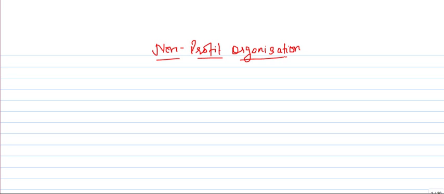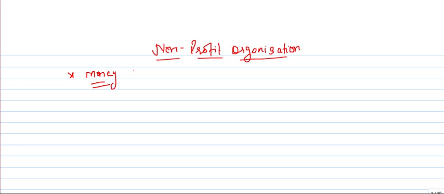Then I told you why we have to prepare the accounts for the non-profit organization, right? It has been asked that you have to prepare the accounts for a non-profit organization. One major reason for it is because it also involves a money element. Because if you have to do some social cause, then you need the money for that, right?